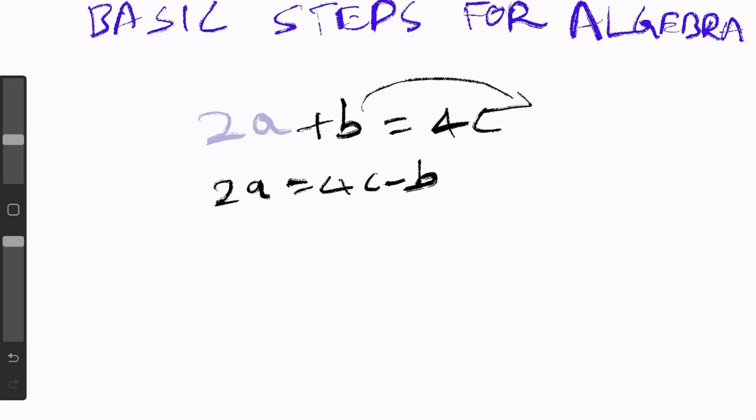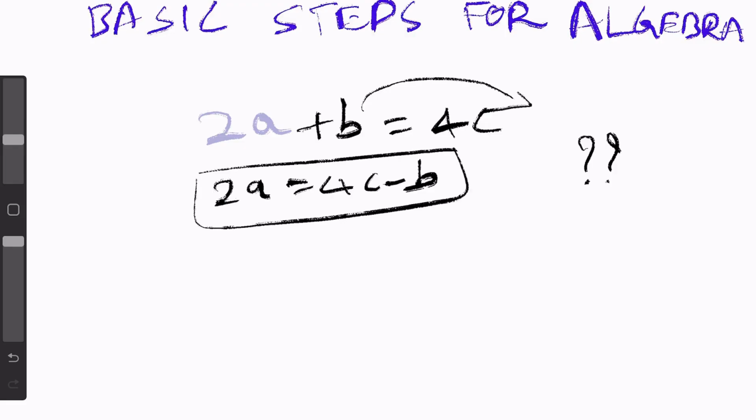If you're confused about how we get this, what we need to do is add minus b on both sides, or else subtract b on both sides.